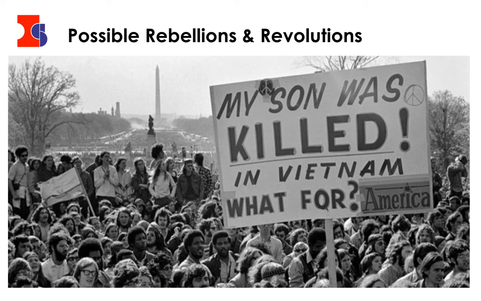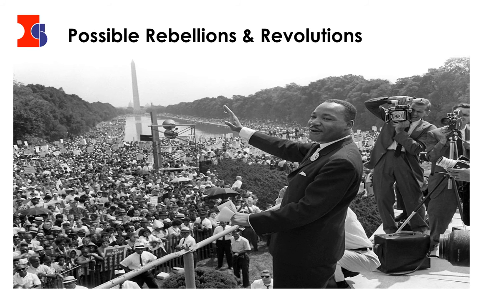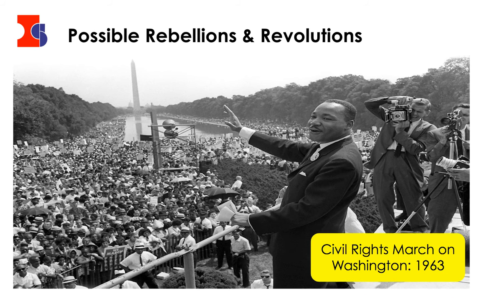We have the anti-war protests that took place in America against the Vietnam War, okay, over an extended period from 1967 to 1972. We have the Civil Rights Movement, and in particular, the Washington March that took place in 1963.